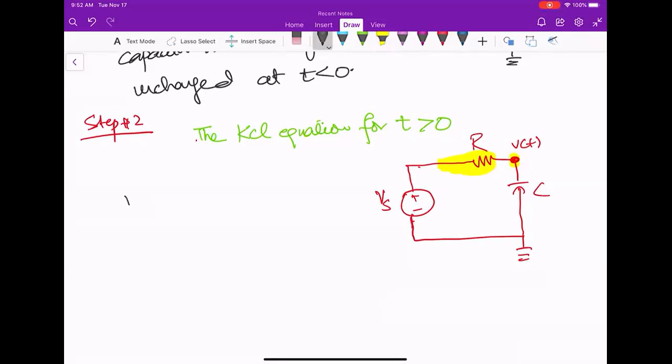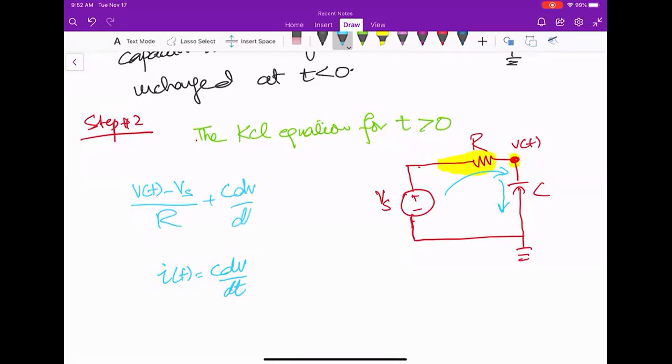Yes, that's what I was asking. So this is V of t minus Vs over R. This is what I have written for this current. Now I have to write the current passing through the capacitor. We learned in the last chapter that the current through the capacitor is C dV over dt. So I will write here C dV by dt, and this equals 0.